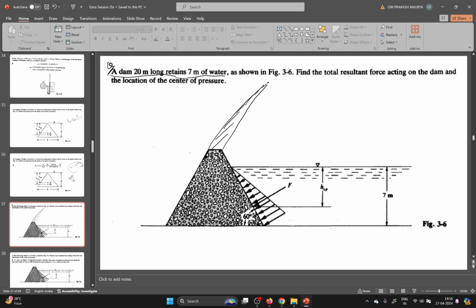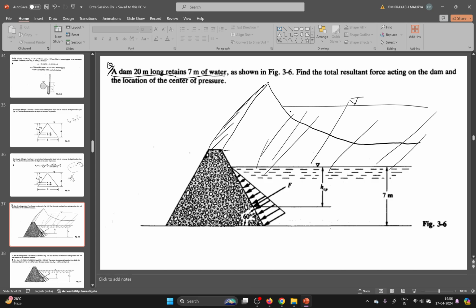That is, the length of the dam is 20 meter. So here water is retained up to 7 meter. All the water is filled up to that much.